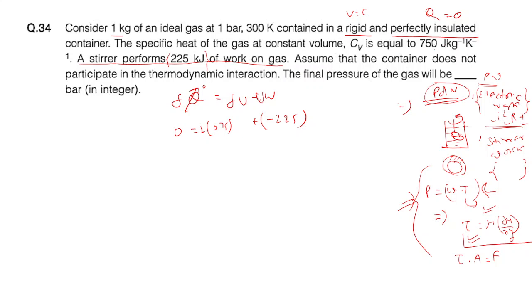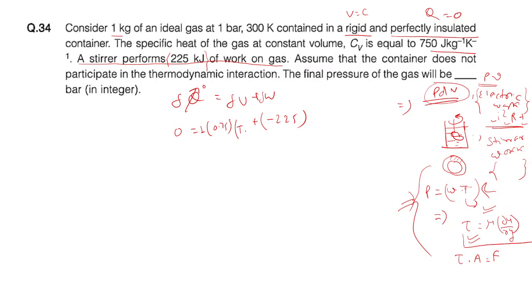Here it is written in joule per kg Kelvin. Cv into delta T. Sir, why is work done negative? Because the stirrer is doing work on the system, because the stirrer is rotating and giving its energy to the gas, right? Okay, sir. Work done on the system we take as negative. Yes, sir. So that's why we have taken negative.